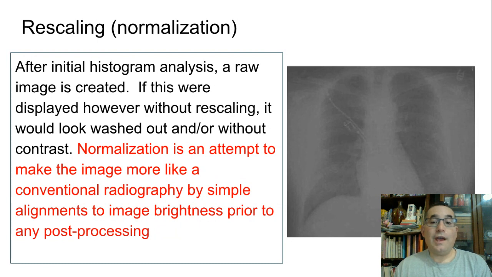So this washed out image that you see here on the right, you can barely make out that it's a chest x-ray, and you can see some leads and some wires in there, goes through a process known as normalization, which is an attempt to make the image look more like a conventional radiographic image.